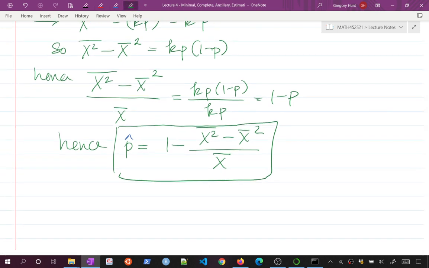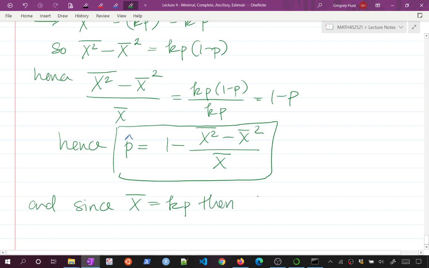That's going to be my method of moments estimator for p. I've got to get k now, and I can be kind of lazy here. Since our first equation says that x bar is kp, then k is x bar over p, and so if I want k hat, all I have to do is take x bar over p hat, and that will give me my estimator for k hat.